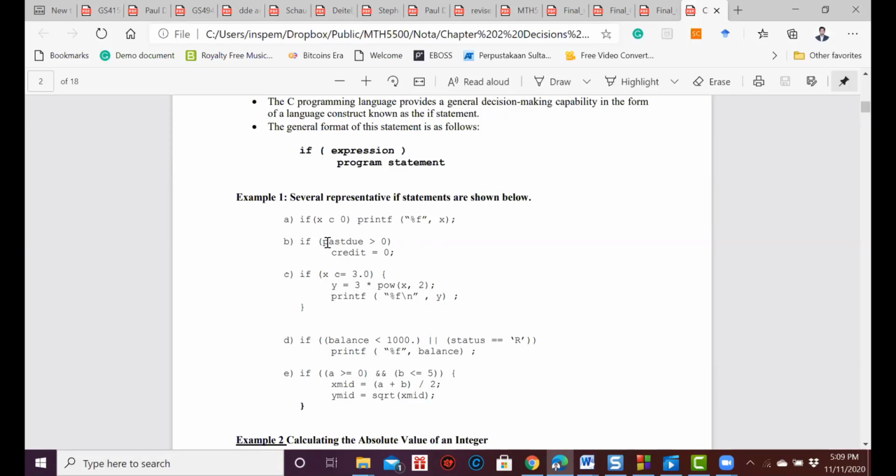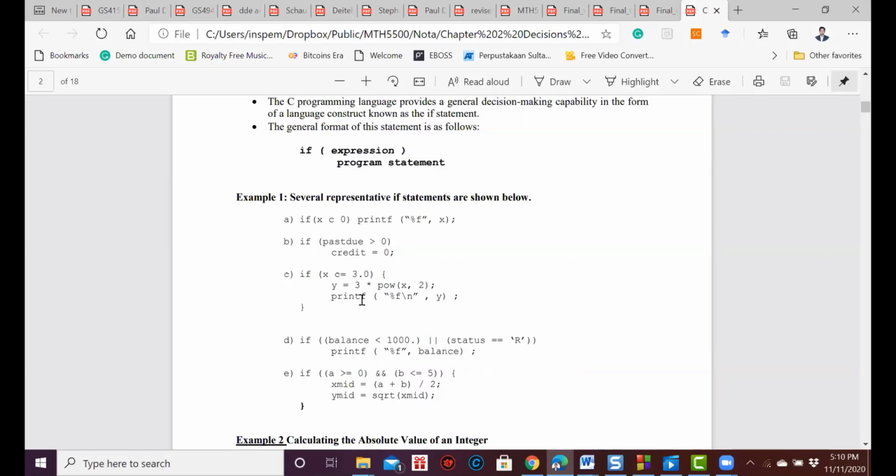Number 2, if past due greater than 0 and credit equal to 0. This is a very simple if statement. Next, if x less than or equal to 3.0, then y will be assigned 3 times pow x squared, or 3x squared.